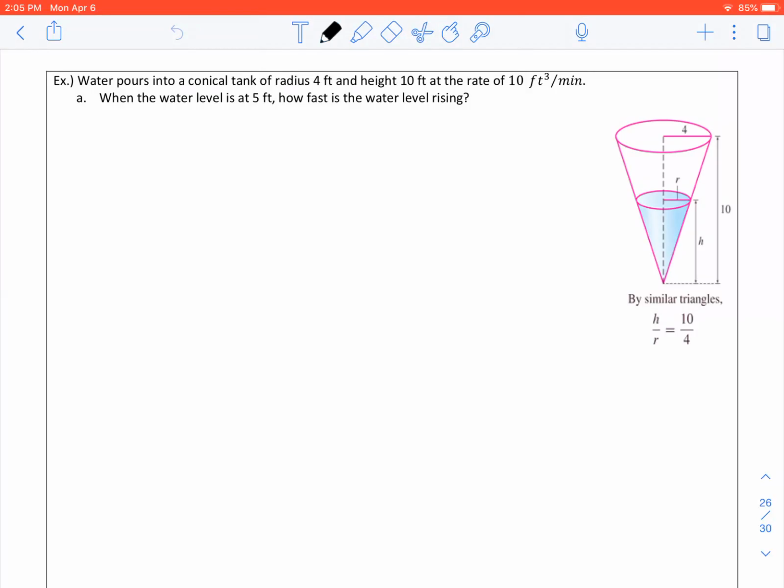So we do have 10 feet cubed per minute. This is our dV/dt. So we know that dV/dt is equal to 10 feet cubed per minute.